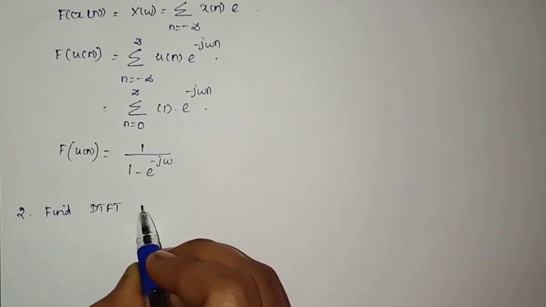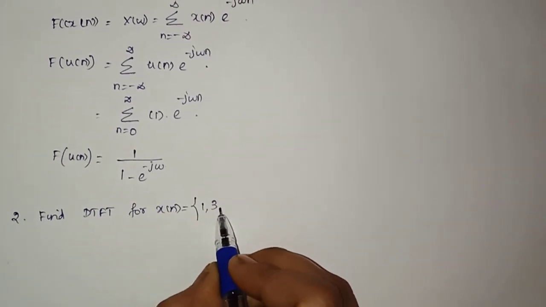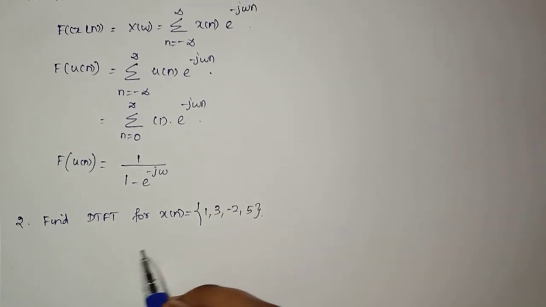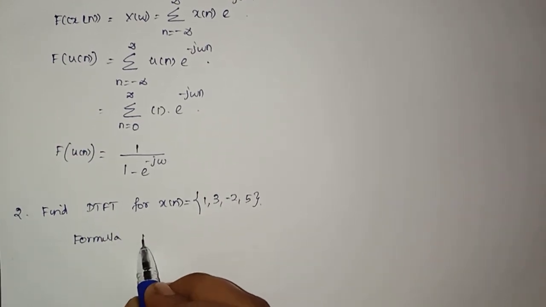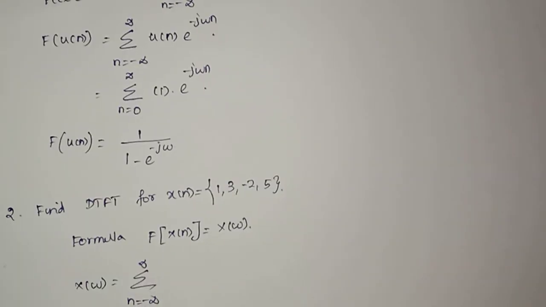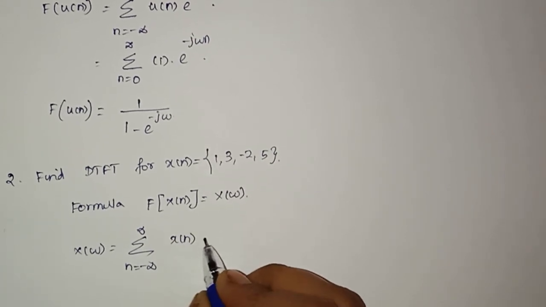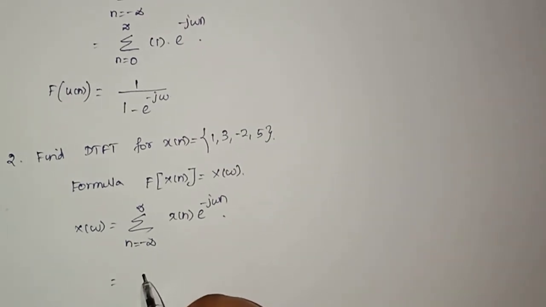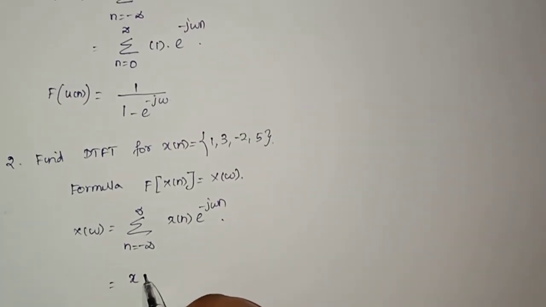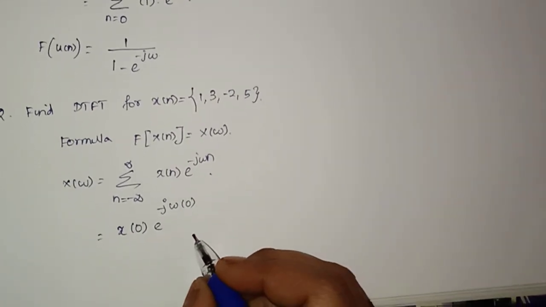Next, find the DTFT for the numerical series x of n equal to 1, 3, minus 2, 5. We know the formula: x of omega equals summation of n equal to minus infinity to infinity of x of n e power minus j omega n. Here we substitute the values: x of 0 e power minus j omega 0, that is n equal to 0 first.